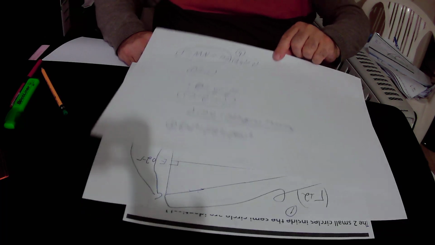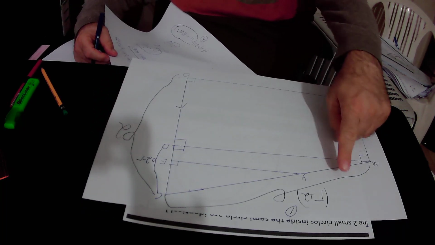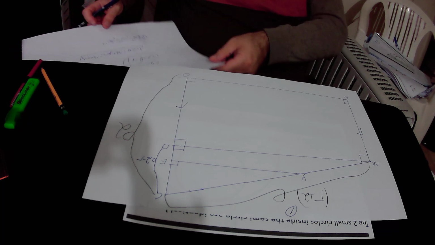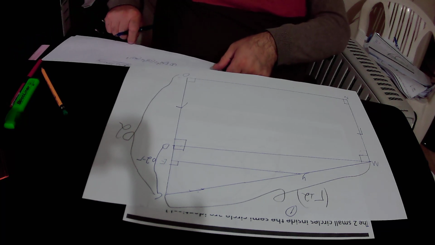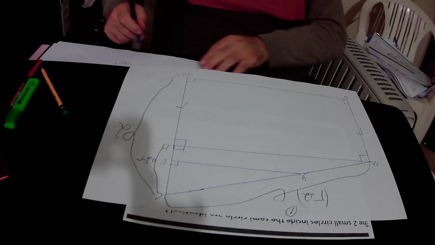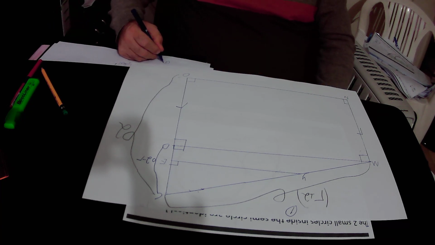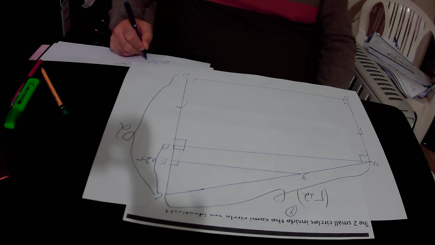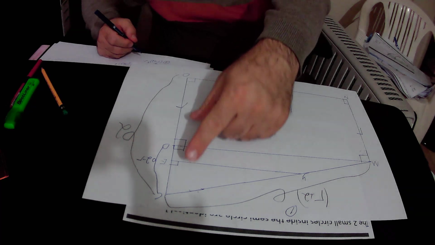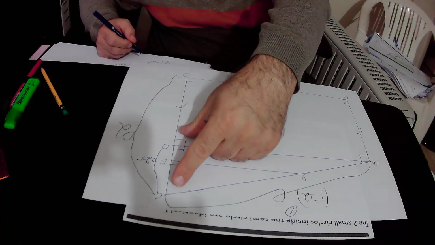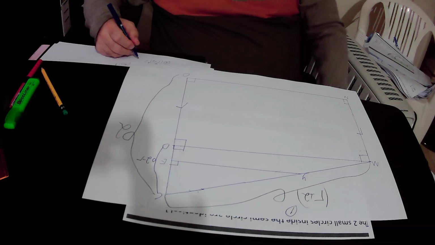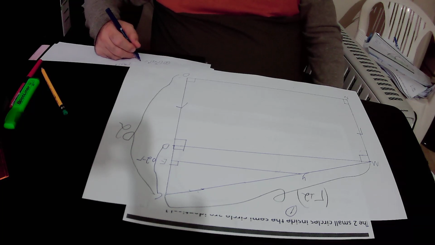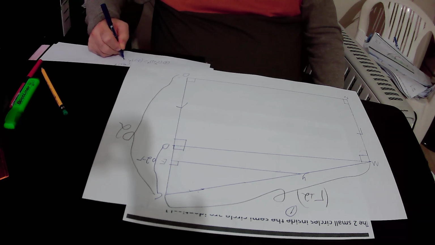But we have already found out that CM equals R plus 2, so CM squared will be equal to (R plus 2) squared. So (R plus 2) squared equals CD squared. We have already found out that CD equals 2 minus R, so CD squared will be equal to (2 minus R) squared, plus MD squared.